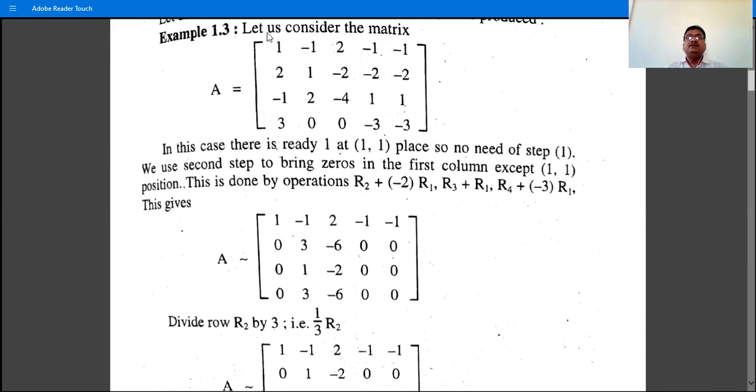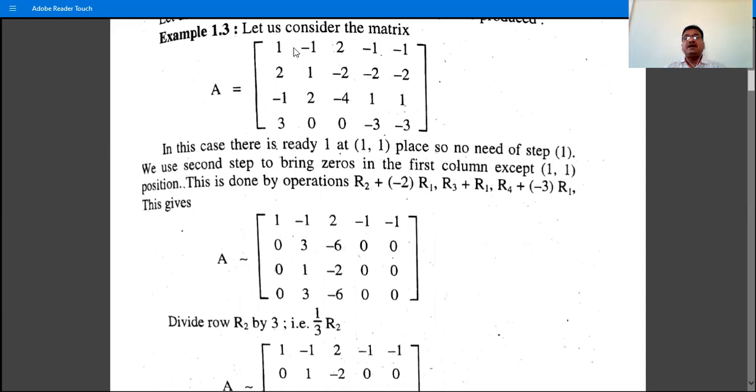That is, multiply the first row by -2 and add to the second row. So the change is in the second row; there is no change in the first row. R2 plus (-2)R1, and we can write this operation as R2 minus 2R1.